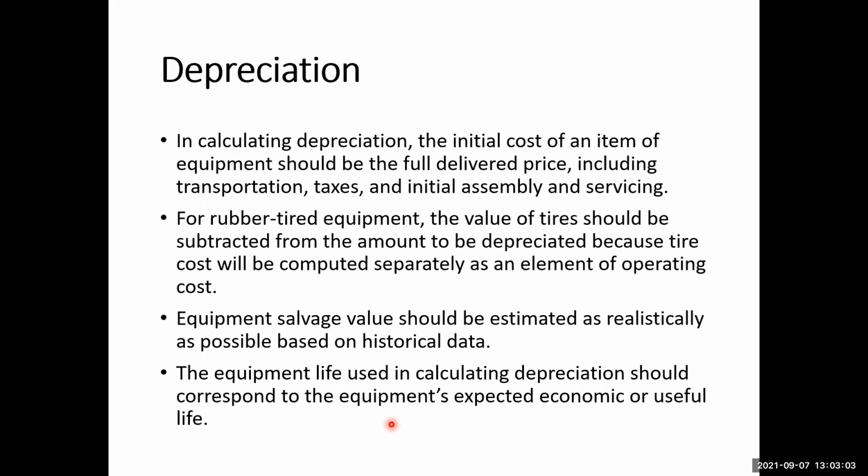Beyond that economic life, the cost of owning and operating the equipment may be much higher. So when calculating the useful life for depreciation purposes, a proper value should be used, which is normally not as long as the end of the service life of the equipment.